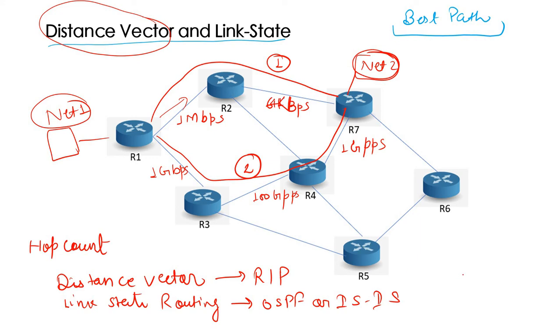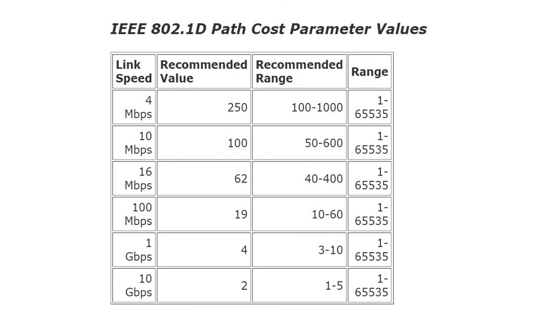You might be thinking, what is this path cost? I keep saying this name again and again, cost. The formula to calculate the cost is equal to 10 to the power 7 divided by the bandwidth in bits per second.